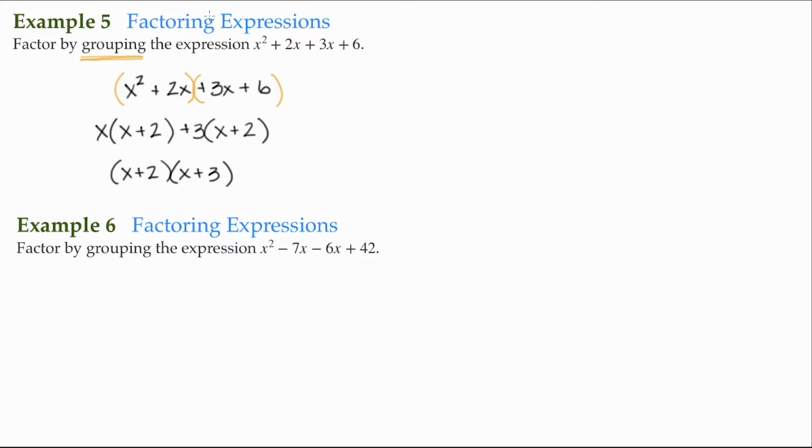Don't forget, factoring means taking an algebraic expression and turning it into a product of expressions. Product means multiplying. That's what we did here. Now we can go ahead and we can check to see if that's correct by using FOIL. We'll use the distributive property using FOIL. So we'll use FOIL to check. So we'll do x times x. That's the first of our FOIL. And x times x, that's x squared.